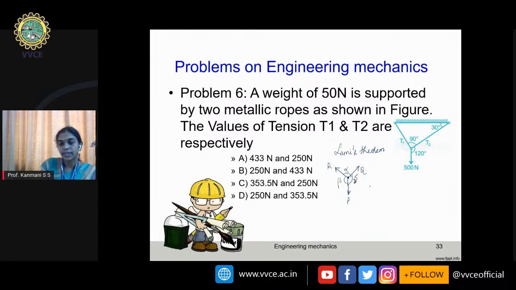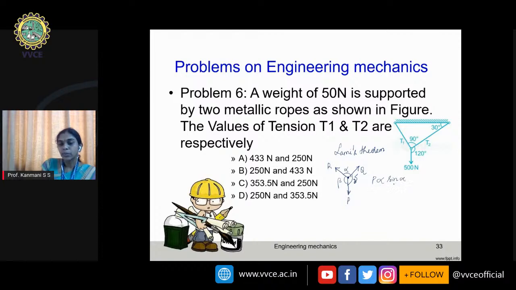So if three forces which are coplanar and concurrent and all are emerging out of one point, then each force is directly proportional to the sine of the angle between the other two forces. Considering force P, the angle between R and Q is alpha.